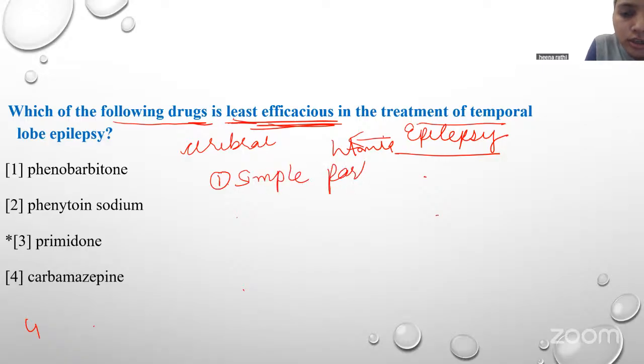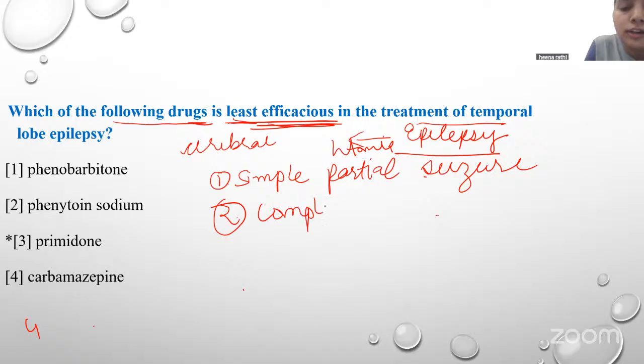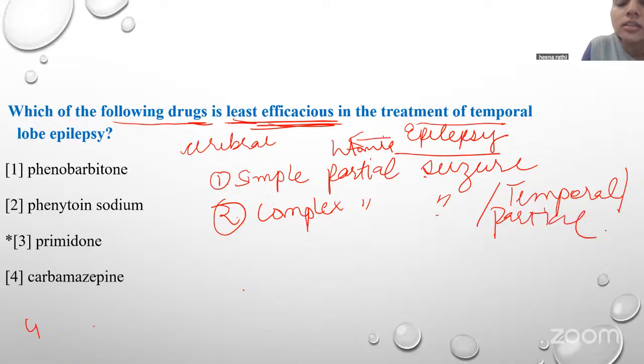If it involves the temporal lobe, then it is called complex partial seizure or temporal lobe partial seizure.